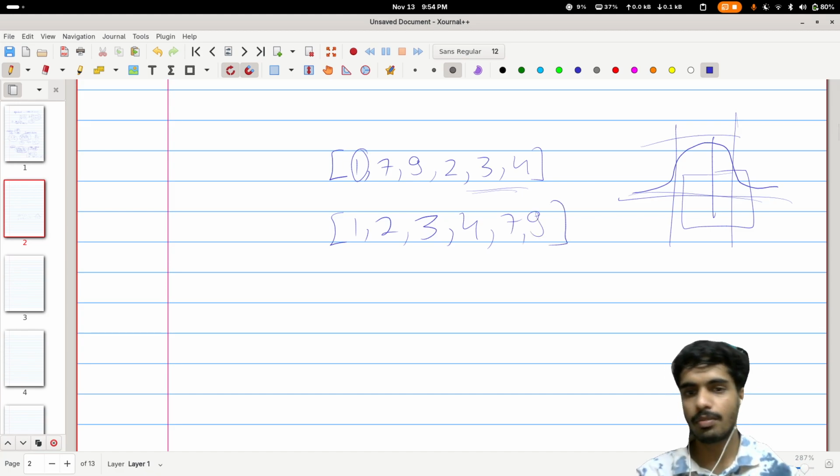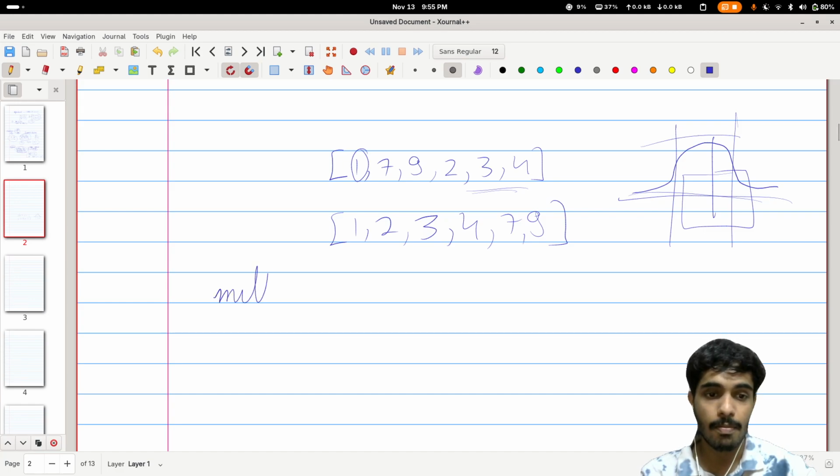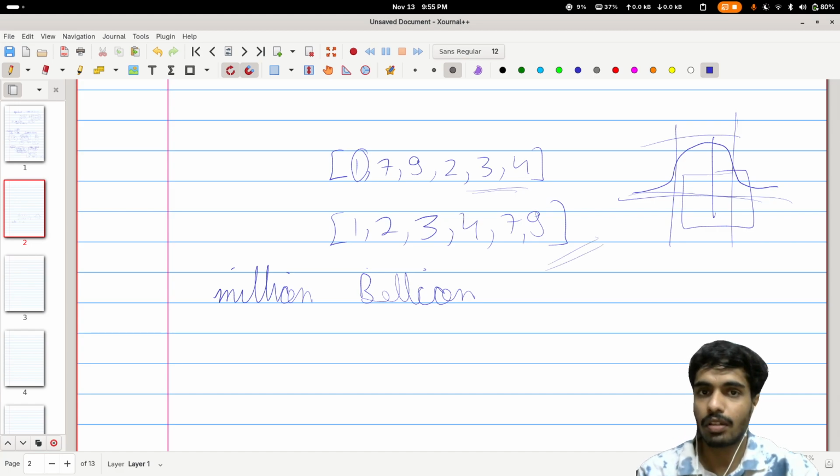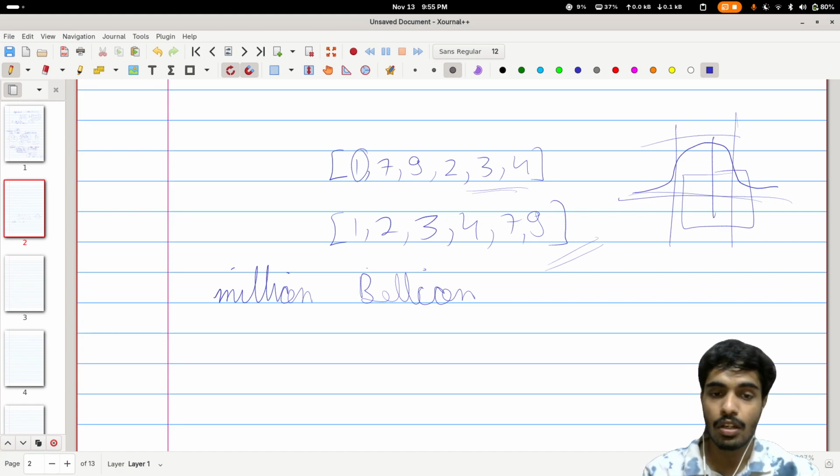But this algorithm is good only for very small data sets. When the data sets become millions, or let's say billions, these simple sorting techniques will not work. We need to first sort the data, then only can we find the median of that data.